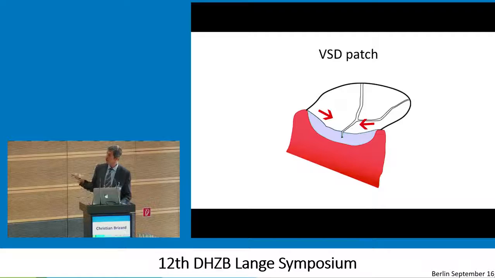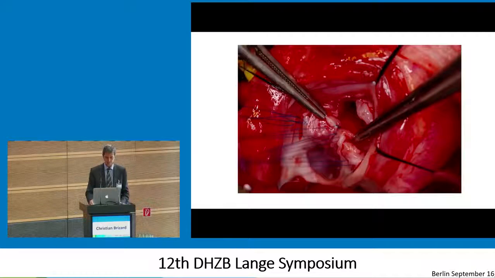The very precise VSD closure technique I explained to you yesterday, so I won't dwell on that too much. But what is very important is to include in your repair a very significant coaptation surface that allows a very large seal, and you can have a competent valve without closing the cleft.